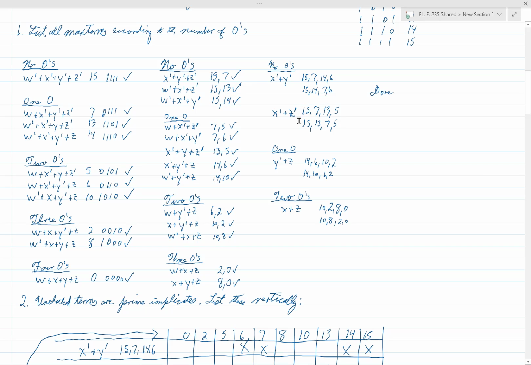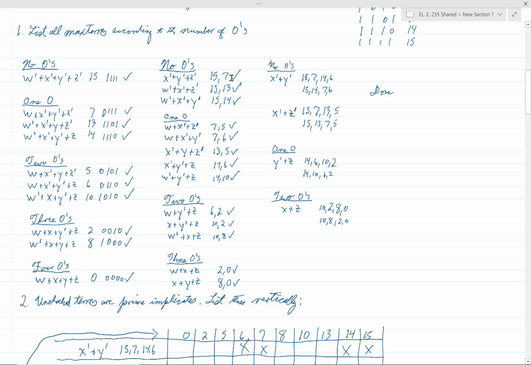And you'll notice that if we had combined 15, 13, and 7, 5, we would get actually that same result. So we need to put checks by 15, 7 and 13, 5, but also by 15, 13 and 7, 5, because in both of those ways we will get X prime or Z prime.